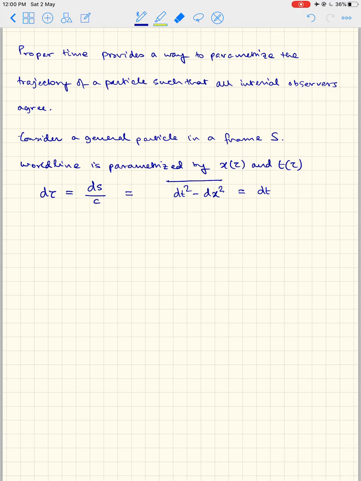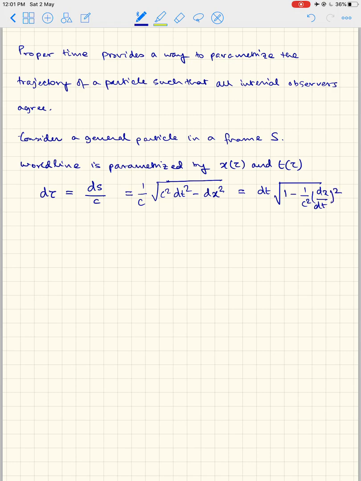So let me put in my c squared factor here, which I missed earlier, and there's a 1 over c, and I take the c inside and I put the dt outside. So this is very clearly 1 minus 1 over c squared into dx dt squared.